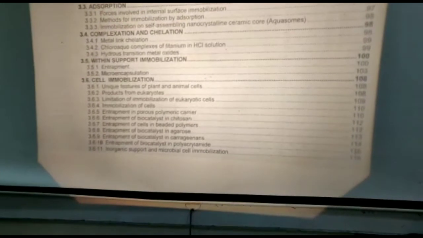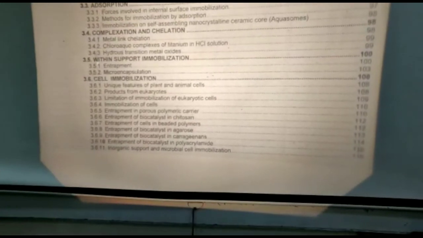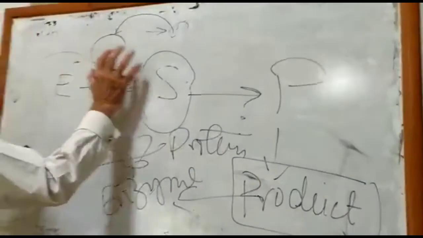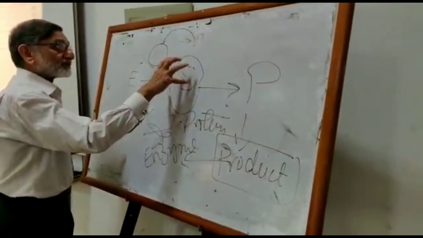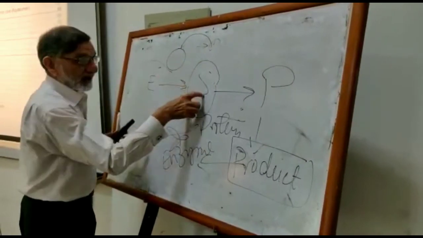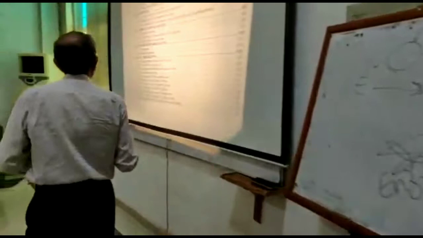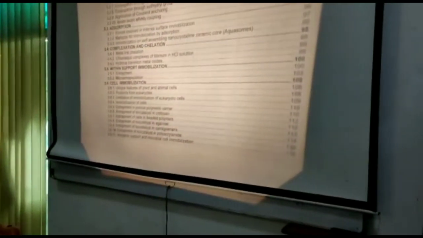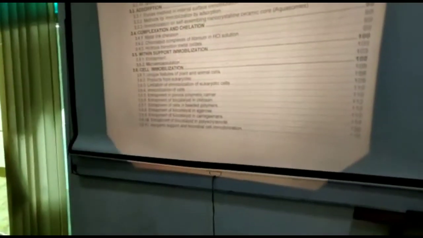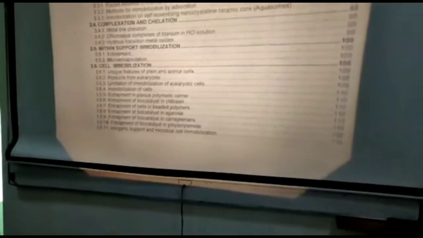Now the next, in this respect, last and least, is support immobilization. That is, the enzyme is there to act upon the substrate, some support should be there on which the substrate should stay and the enzyme should act. Here you can see the chemical reaction is not involved, but it is just a support which is required, and the substrate will not mobilize and the enzyme will not mobilize, and it will remain on the substrate.